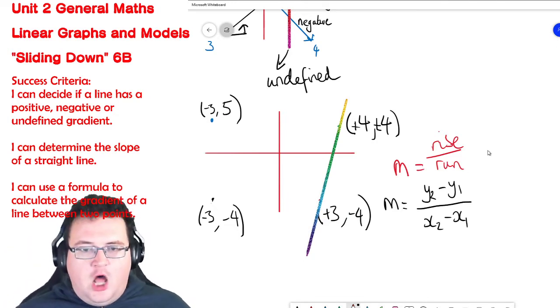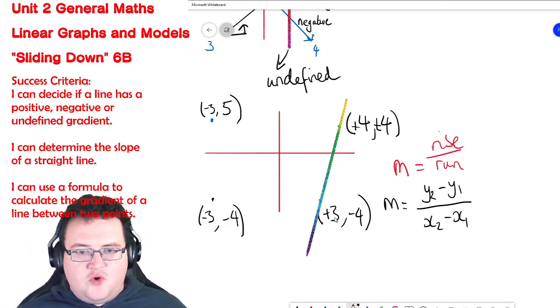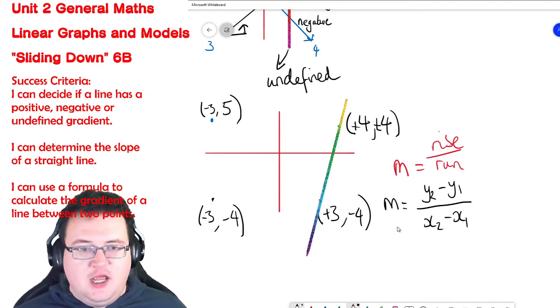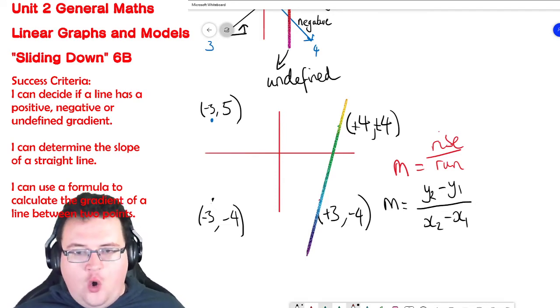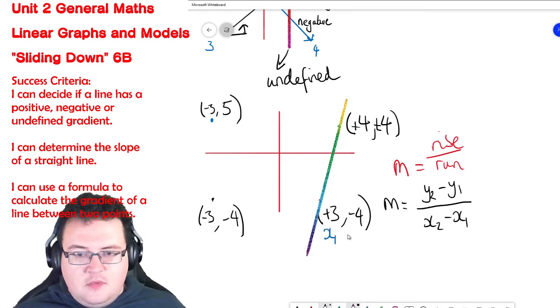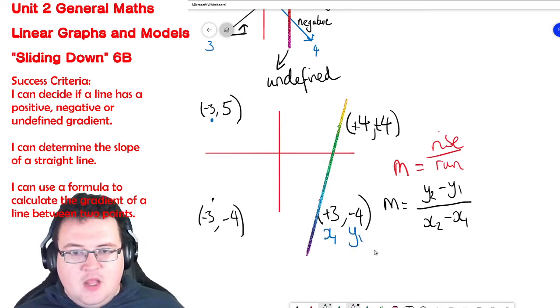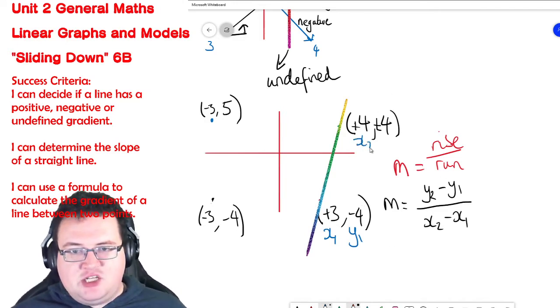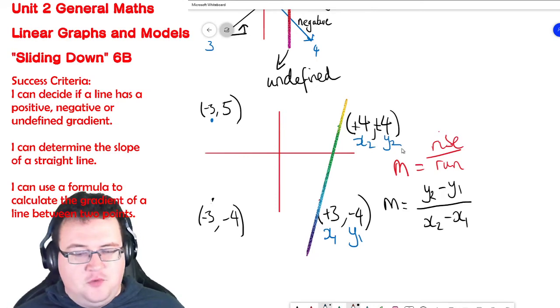Now, the line connecting it passes through +3, minus 4 and +4, plus 4. What I'm going to do is assign a set as being x1 and y1. And generally we always assign the one on the left as being x1 and y1. And then the point on the right we assign to being called x2, y2.